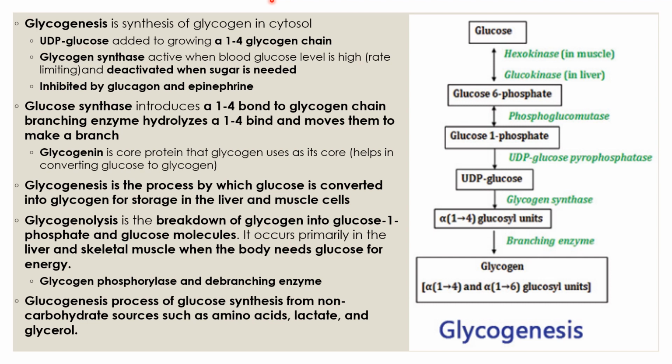So I don't know, pretend it's a label or something. And then it converts into G6P. So let's do this again. G, and then you have the enzymes. Okay? And then it converts into G6P.